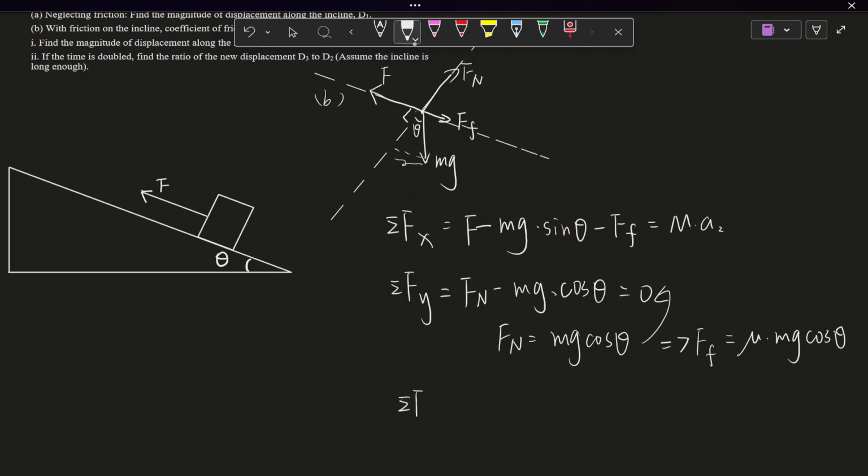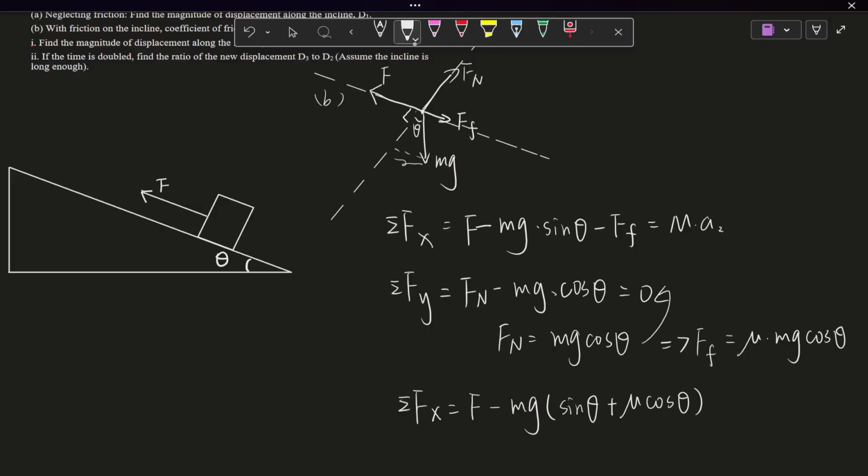Net force Fx is equal to F minus mg times sine theta plus mu cosine theta.